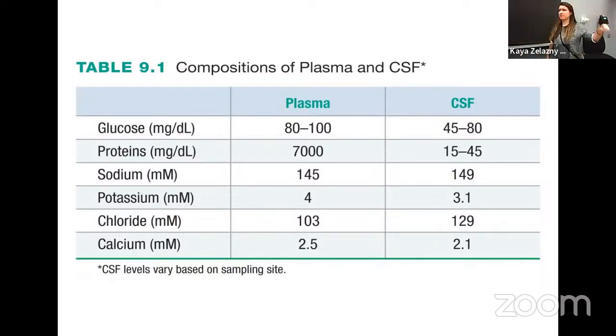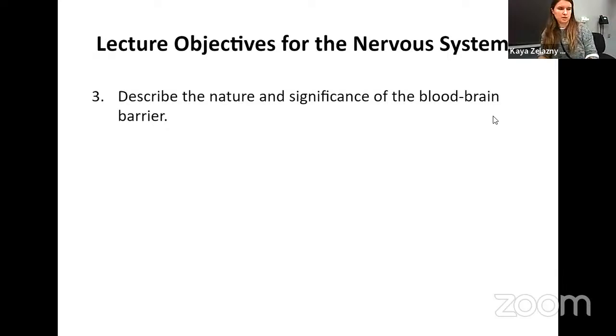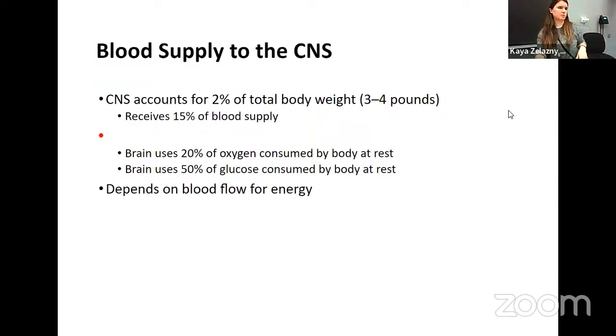We're going to have way fewer proteins in the cerebrospinal fluid. You can see that some of these ions are similar, but we do have some differences here in cerebrospinal fluid versus in the plasma. That does matter. So now we're going to talk about that blood-brain barrier, because that's part of why this can happen.